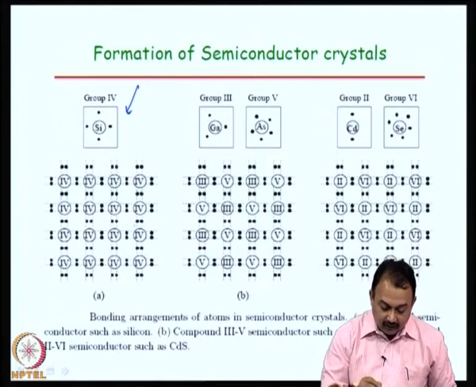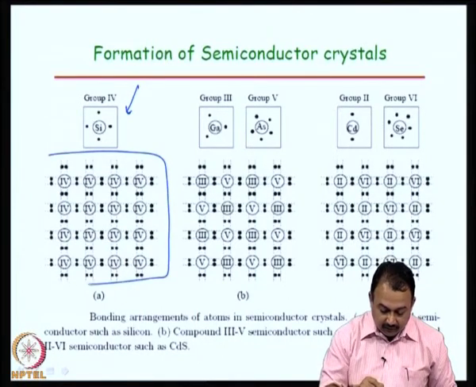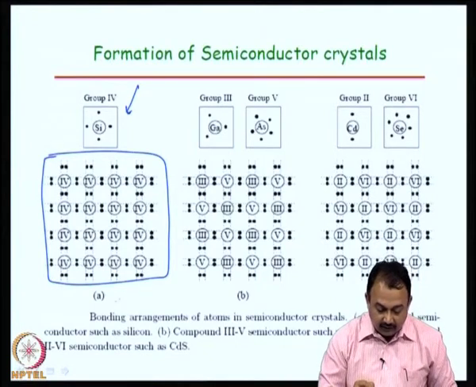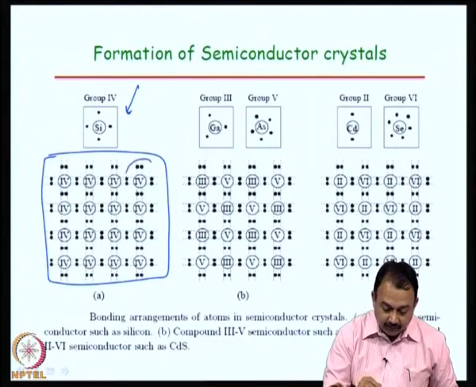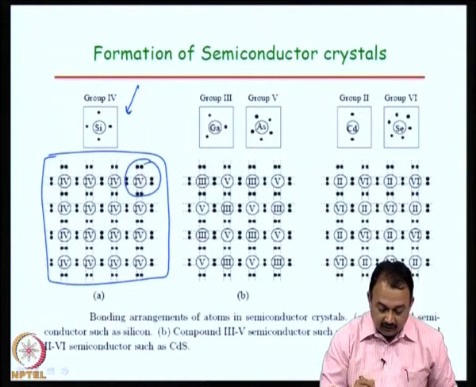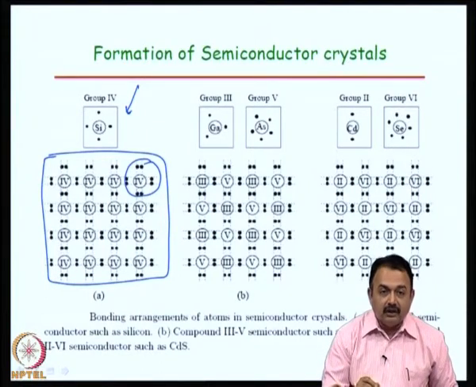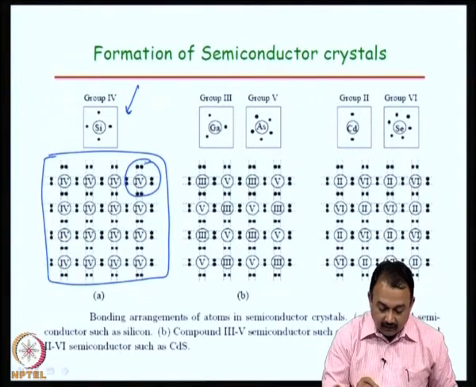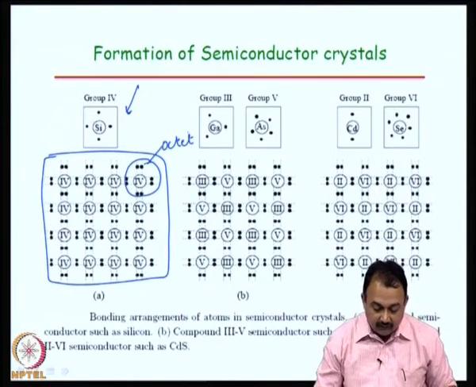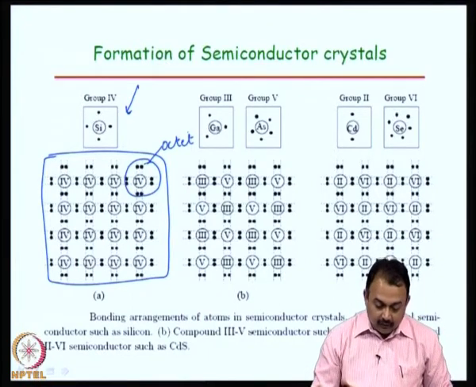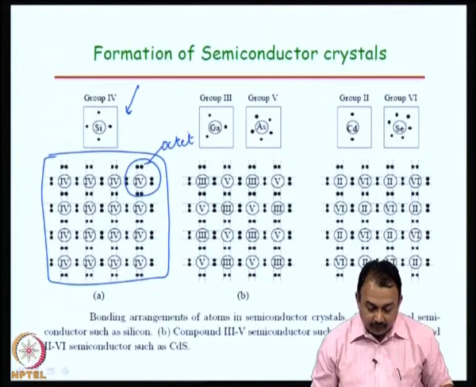If you look at the electron arrangement here for silicon, it forms covalent bonds. You require an octet, so sharing of electrons is done by silicon with another silicon atom. That is how you get the complete 8 electron octet. All of you are aware of this basic electronic configuration of elements in the periodic table.